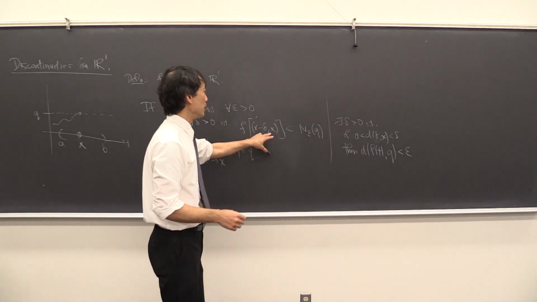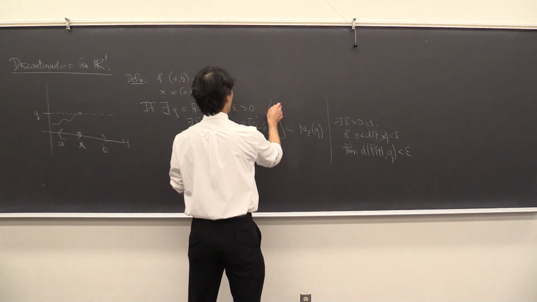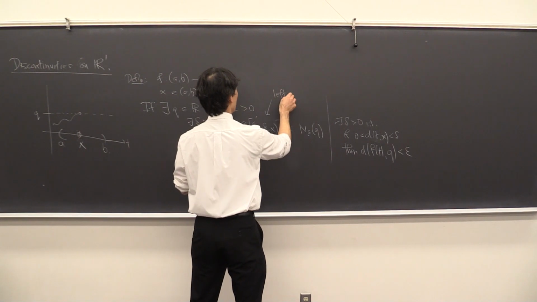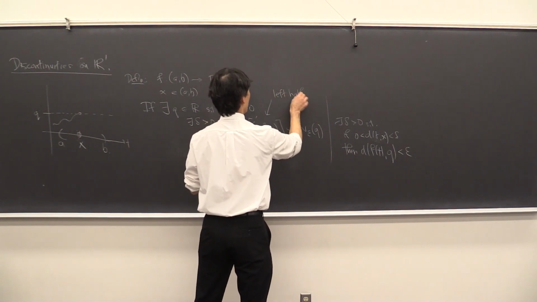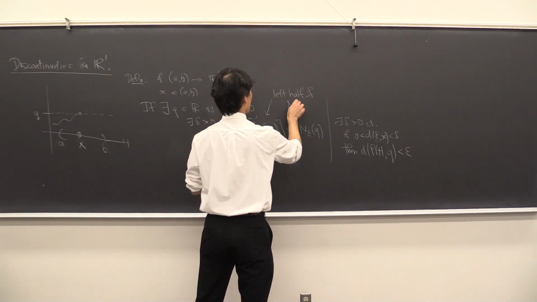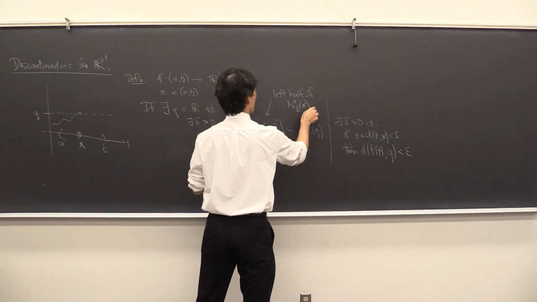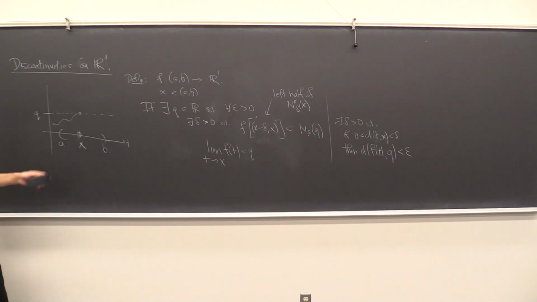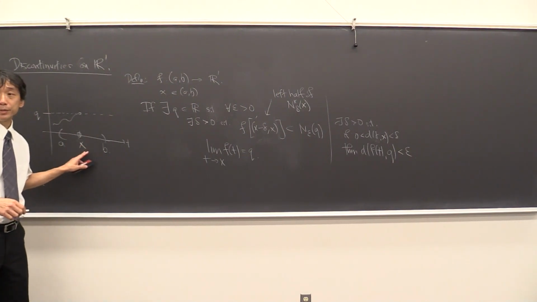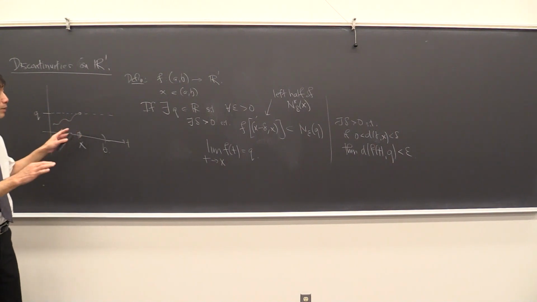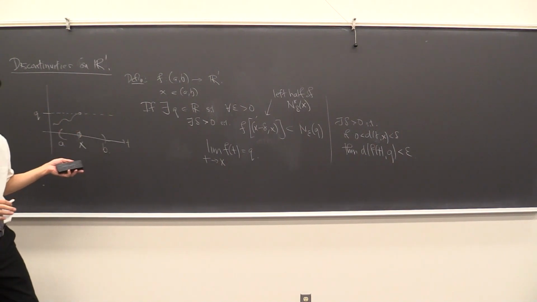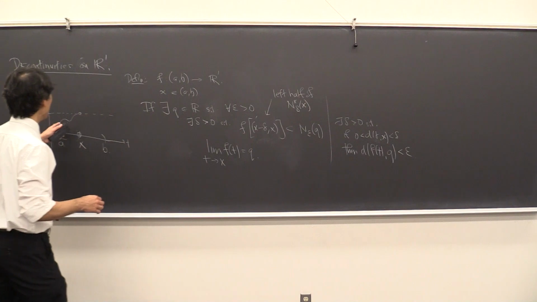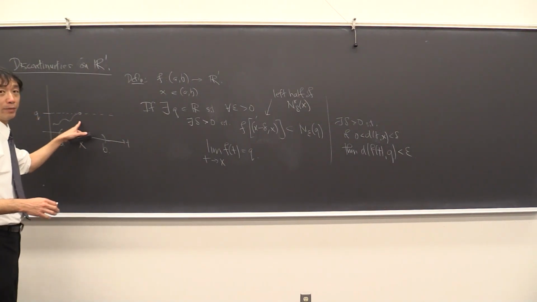So this is just the left half of the punctured neighborhood. You could call it a left-handed neighborhood, but nobody does. I hope that makes sense to you. That's how we're going to define the limit existing from the left.